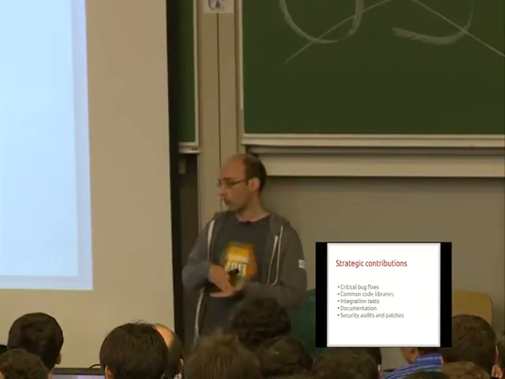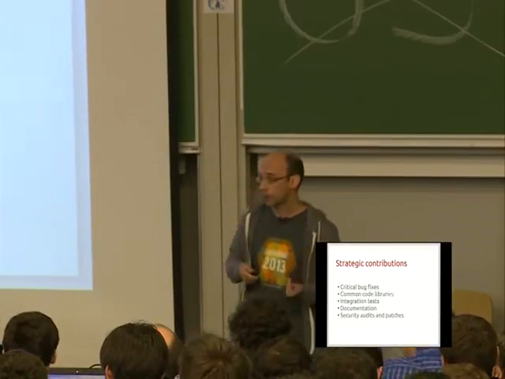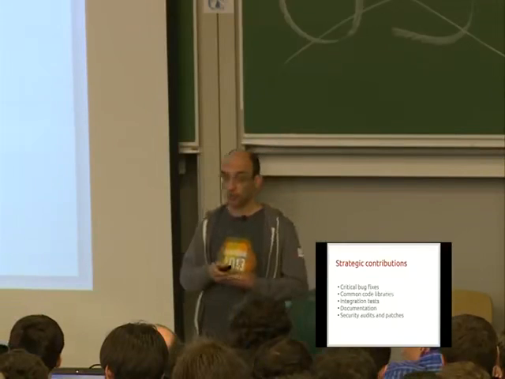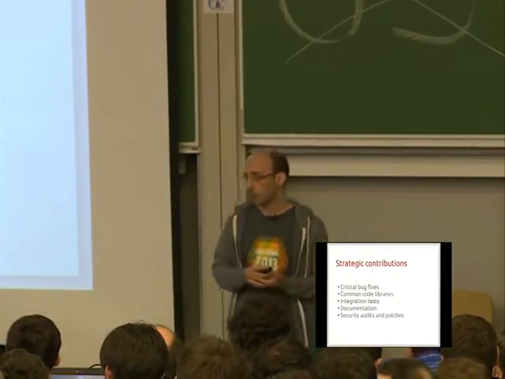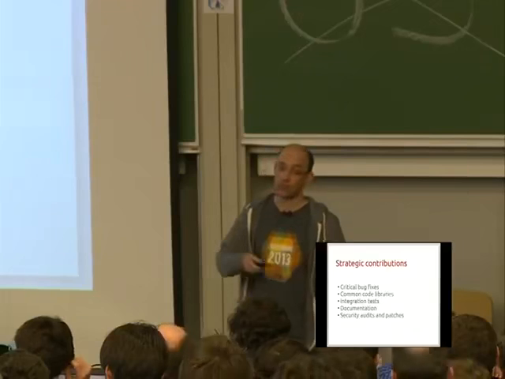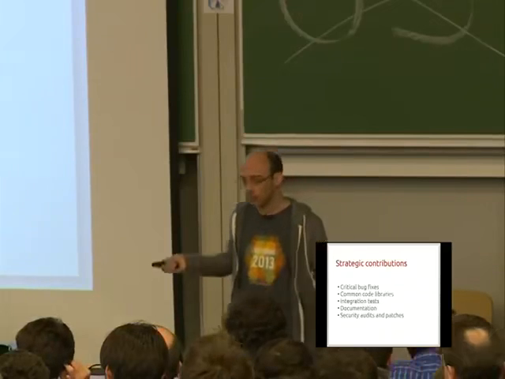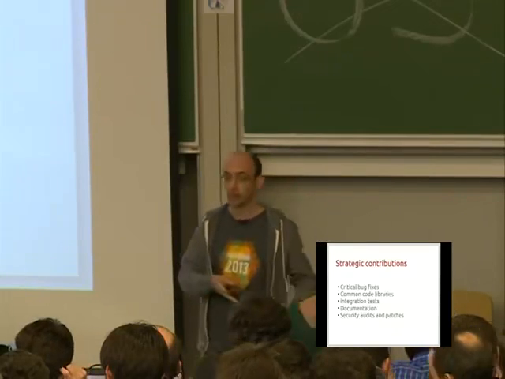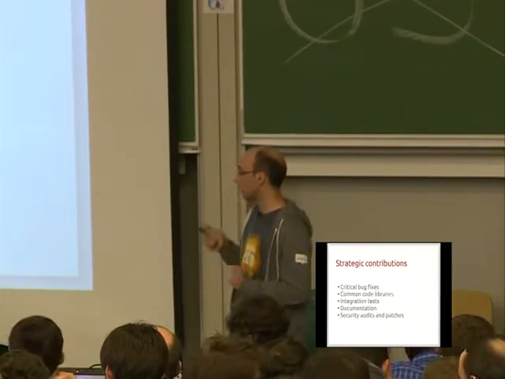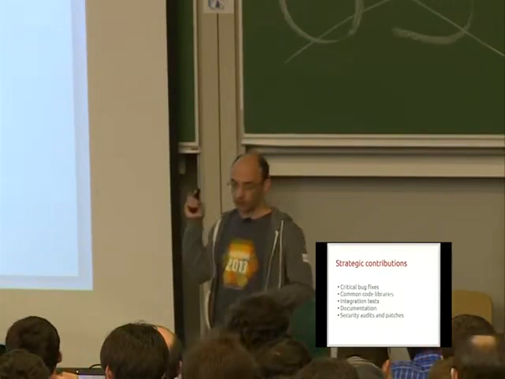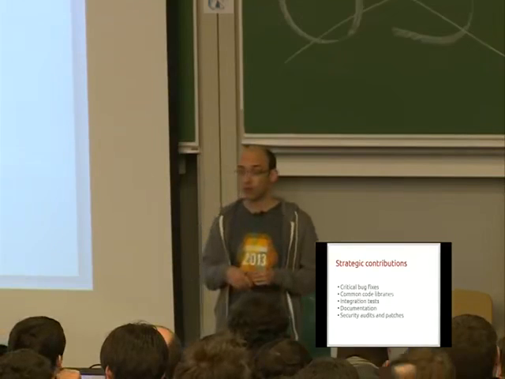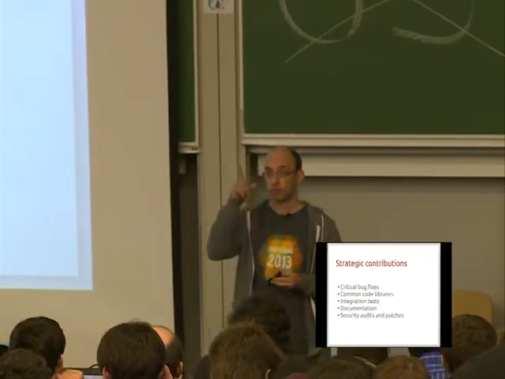Working on common code libraries, reducing technical debt, is also really useful. Contributing integration tests is really useful because if it's not tested, it's broken. So when there is no integration test, it's actually broken. And documentation is always useful, and security audits and patches are also generally useful for the project.